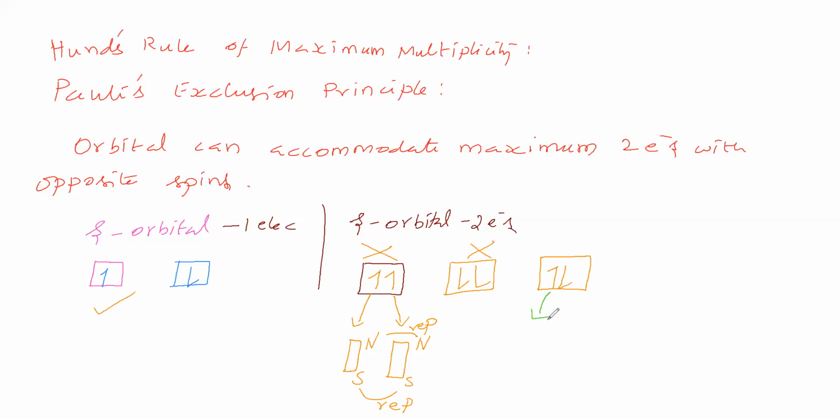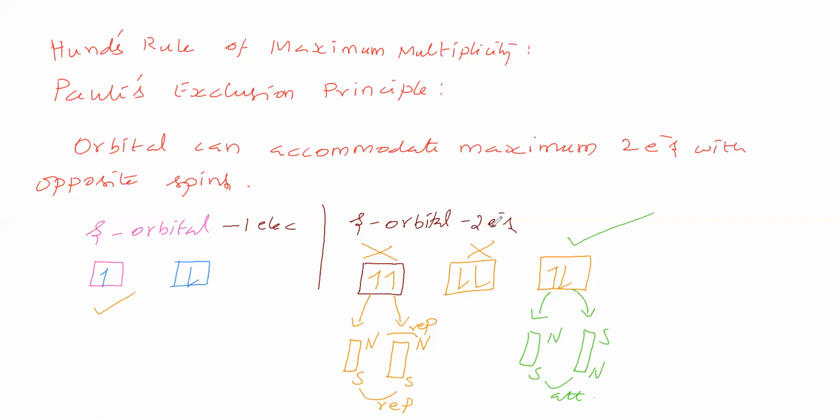For the clockwise spinning the dipole is like this, and for the anti-clockwise spinning the dipole is like this. Now south pole and north pole means attraction is possible. Due to attraction, this system has stability. Therefore, this is allowed.